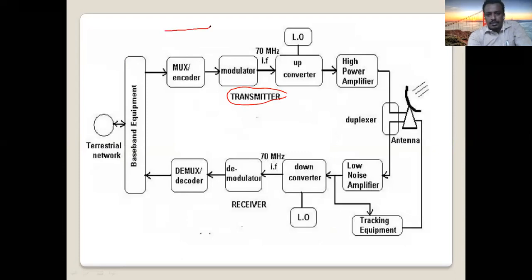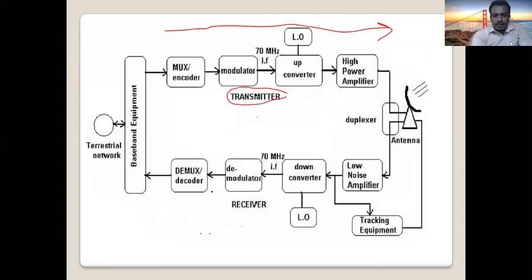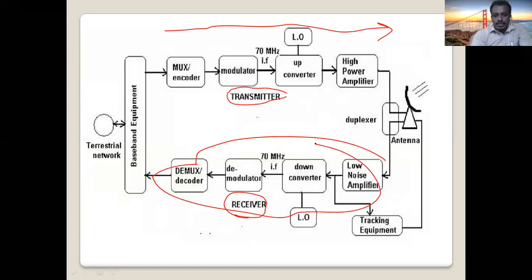This transmitter part, that's the first subsystem. We'll discuss each one by one. The second subsystem is the receiver part. On this side, all this circuitry here is the receiver subsystem of the Earth station.